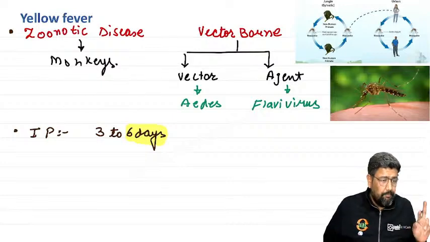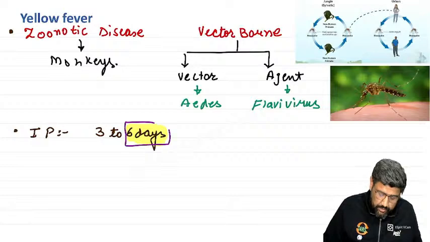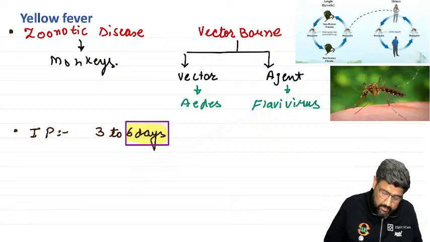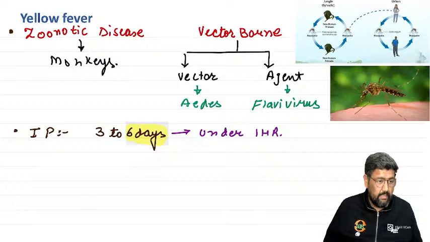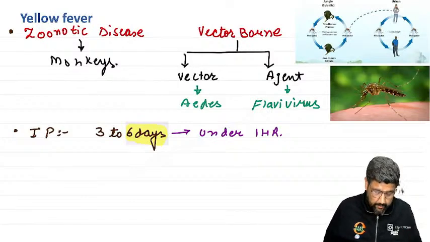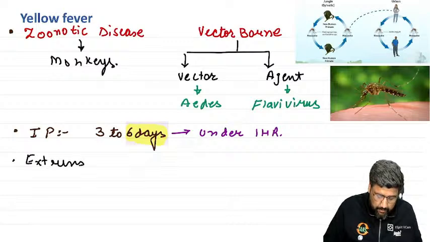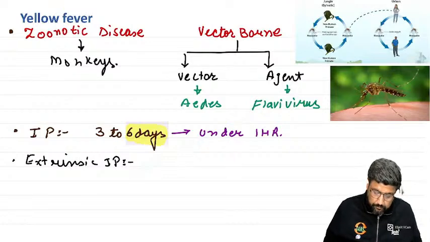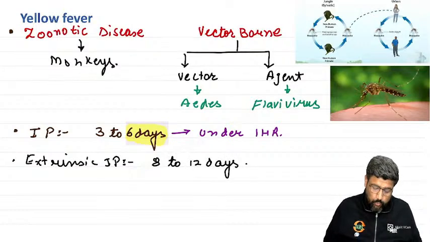Isolation or quarantine? Under International Health Regulations, 6 days are considered. I will tell you in the next slide. Now there is one term known as extrinsic incubation period. It means the incubation period in the mosquito, which is 8 to 12 days.